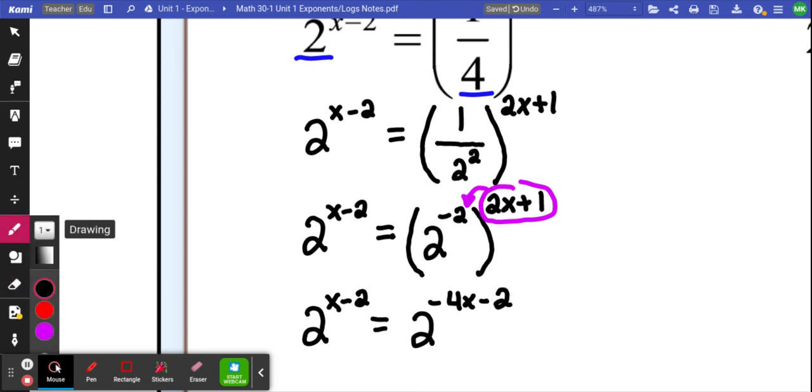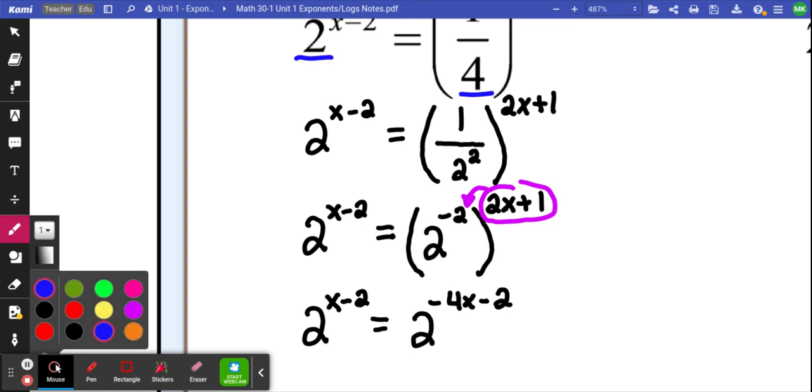So I've got negative exponent rule, exponent of an exponent rule. I finally got myself like bases. These things are now irrelevant. I just have to make those exponents equal each other.